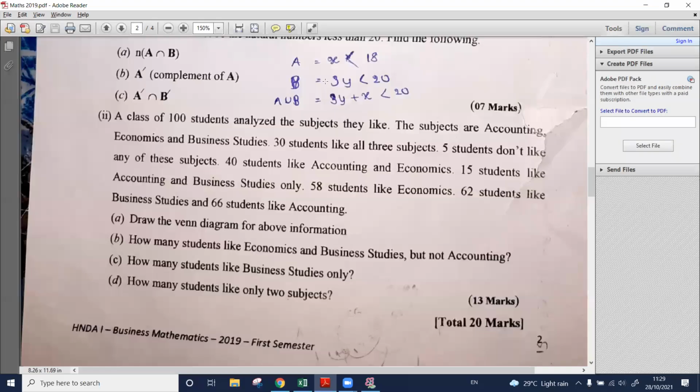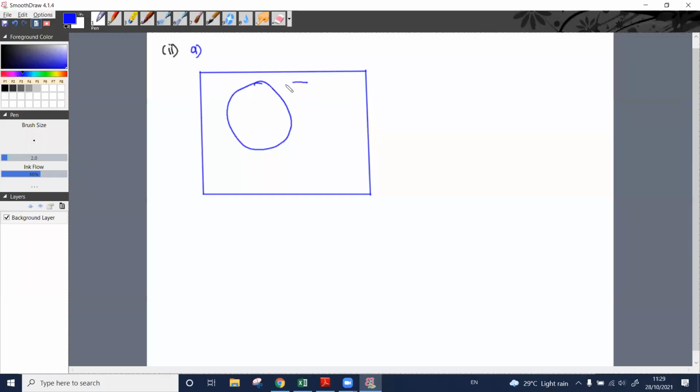Accounting. What are the 3 subjects? Econ and business studies. Accounting, econ, and business studies. Right.